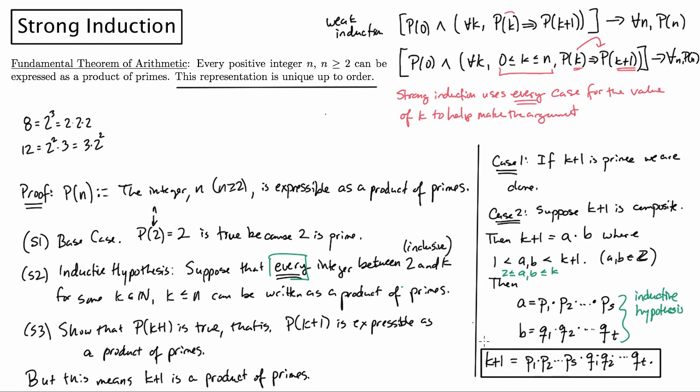So that's what we're mainly using here: because of the strong induction hypothesis, both a and b can be written as products of primes. Therefore, since k+1 is a times b, a product of primes times a product of primes is still a product of primes. And so we've basically shown that the statement Pn is true for all n in the natural numbers.